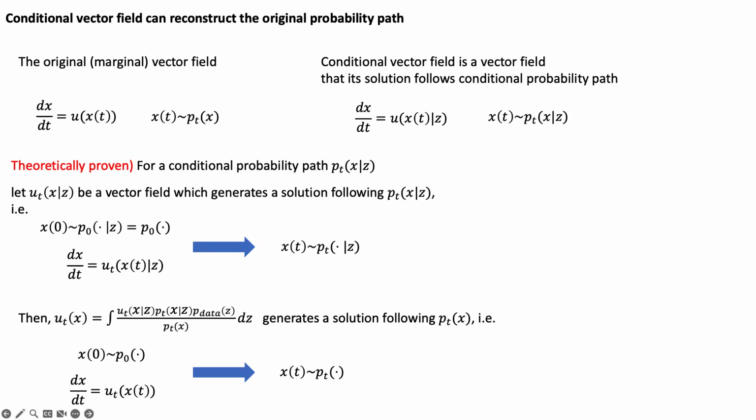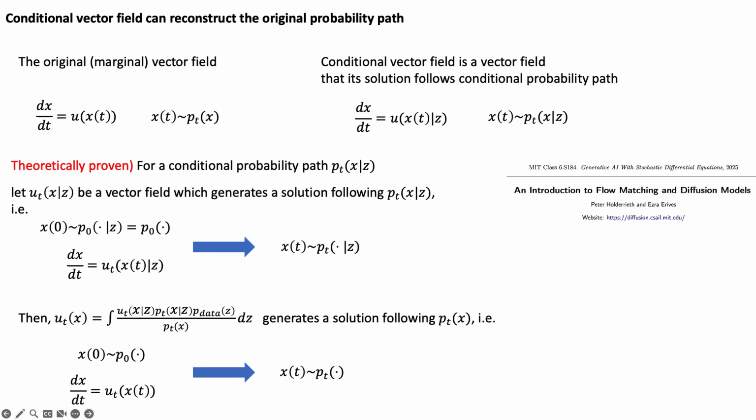So if you solve this ODE, its trajectory actually follows the true probability path. This is just to convey the idea, so you can skip it if it is too much. If you are interested in flow matching, you can study this lecture note.